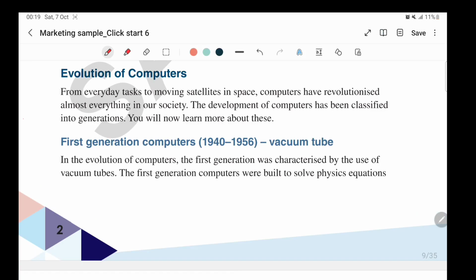Evolve means nothing but to discover, to develop. To develop what?